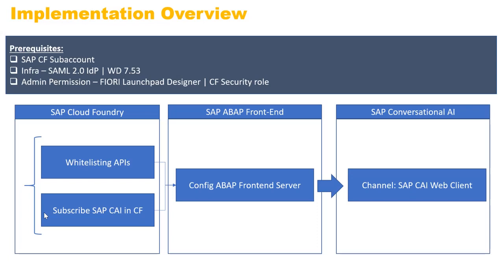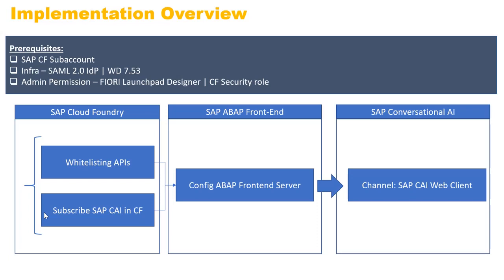So here you can see we have three different boxes. First, the SAP Cloud Foundry, where we have to do the initial configurations. Secondly, we have to do certain configurations and setup in the SAP ABAP frontend server. And lastly, we have to use the Conversational AI web client as a channel.